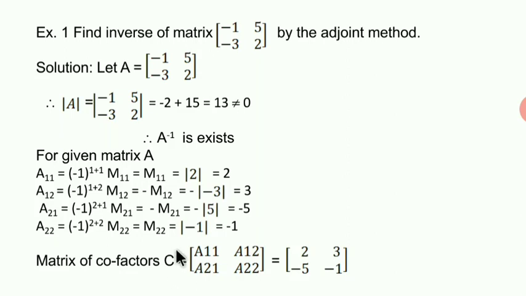C transpose. Means we replace these rows as a column in that. And so adjoint A is equal to C transpose. It is equal to the matrix [2, -5; 3, -1]. Here the first column of matrix C becomes first row and second column of matrix C becomes second row. And this is the adjoint of matrix A.